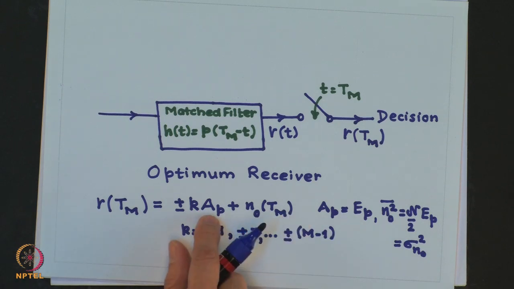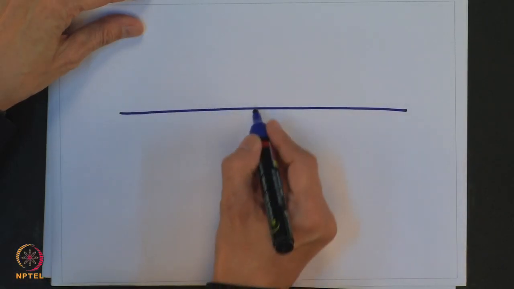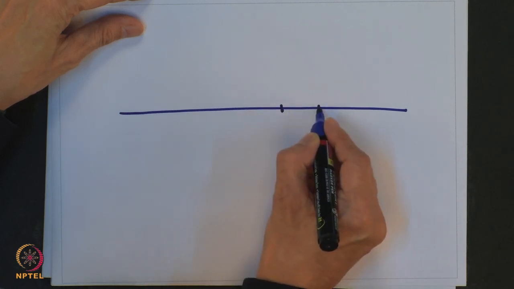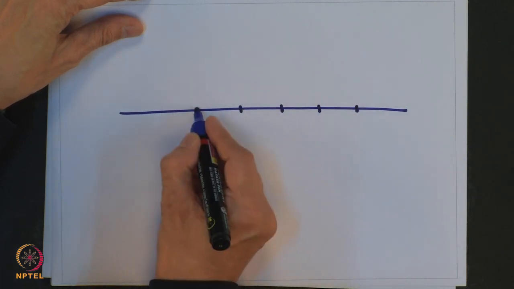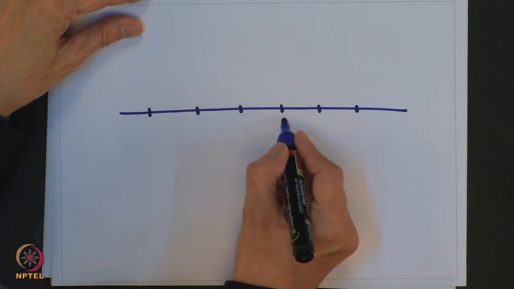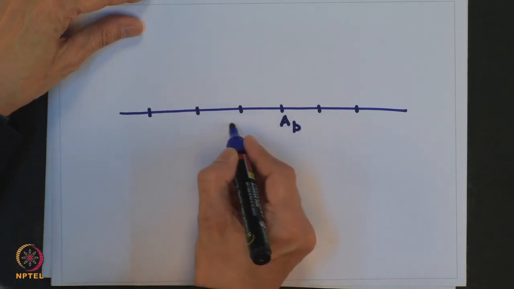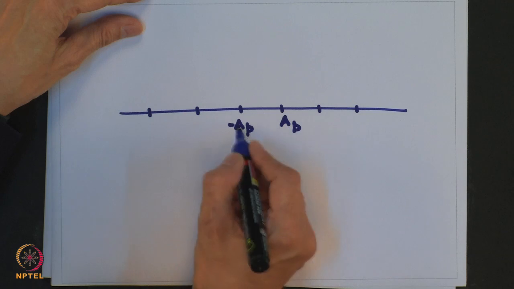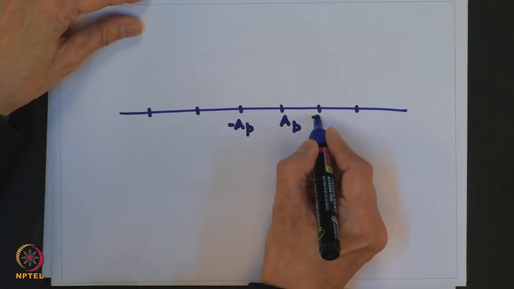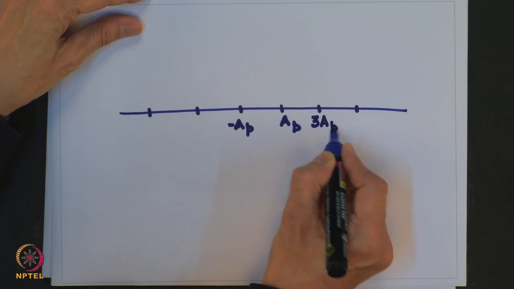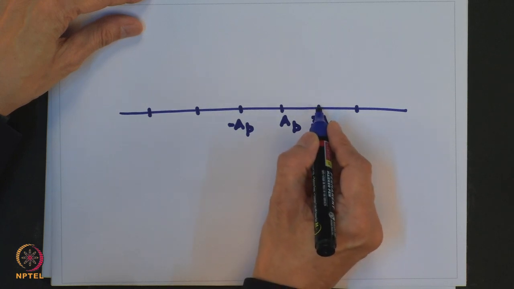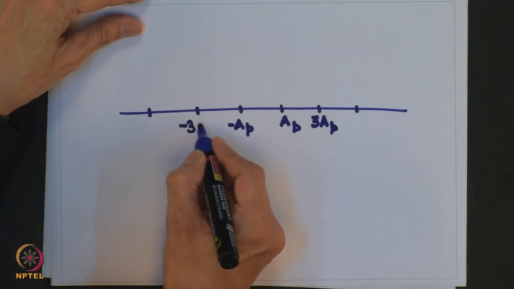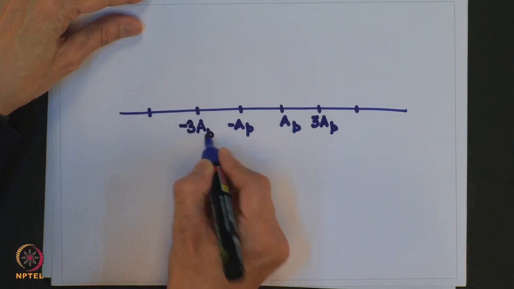And the signal constellation for this we will have is of the form: this corresponds to plus Pt, this corresponds to minus Pt, this corresponds to 3 Pt, this corresponds to minus 3 Pt.